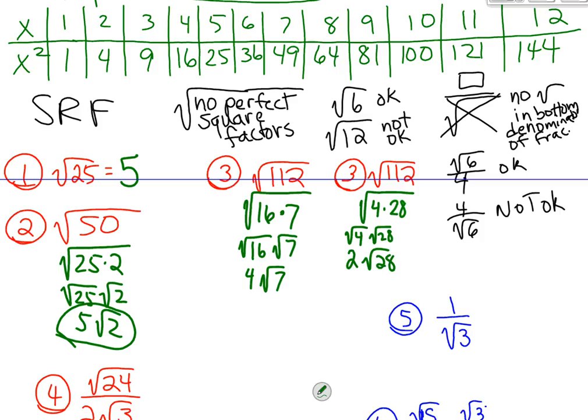Now, that's not the same as the answer I got a minute ago because 28 still has a perfect square factor. So we have to go back up over here, all the way to the 4, and see if 4 goes into 28, which we know it does, 7 times. And so the way we're going to handle that is we're going to rewrite this as 2 on the outside, the square root of, and we change that 28 into 4 times 7.